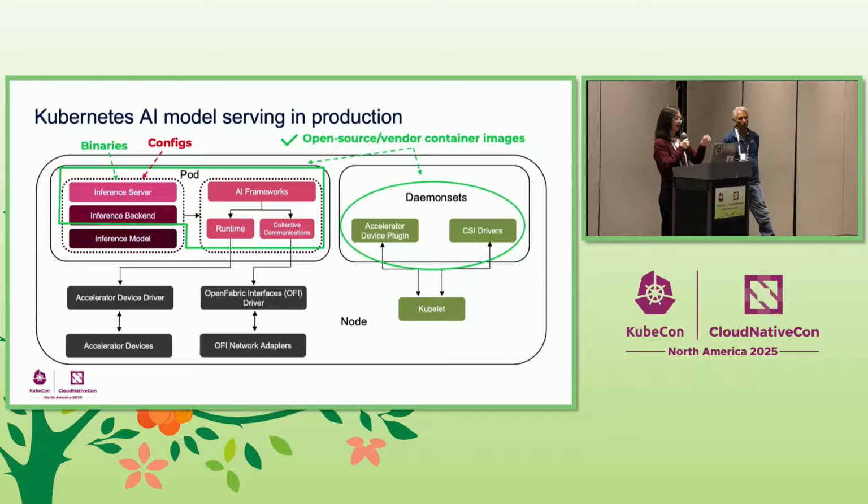But the challenge here is that the config varies across different choices of inference servers, backends, and models, which essentially means this diversity in the inference stack leads directly to diversity in the configurations. And aligning all of them to work seamlessly together becomes our core challenge.